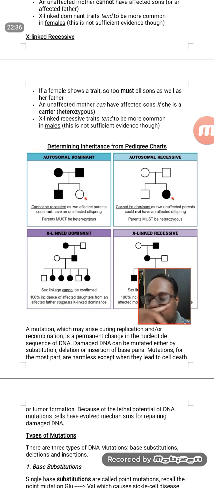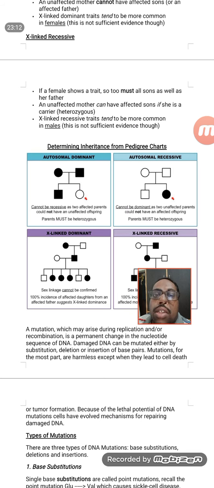So from which chromosome are we getting this particular disease: whether it comes from a sex chromosome, X or Y, or from an autosome, that means a non-sex chromosome. And another thing, whether this particular disease appears when the genes are dominant or when the genes are recessive. These are the things we can find out from this.